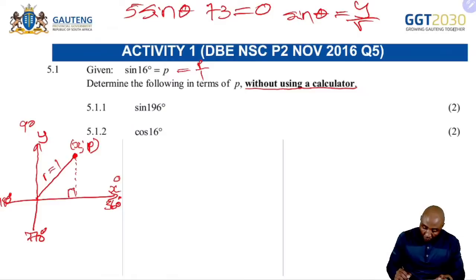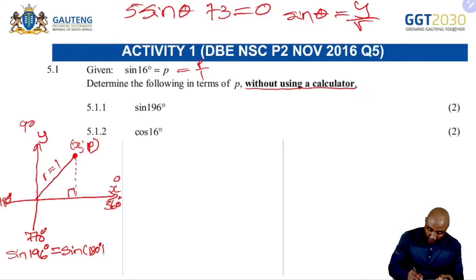So because we need to find sine 196, for that one we might not need a diagram, but we are able to see that sine 196 is equal to sine 180 degrees plus 16.